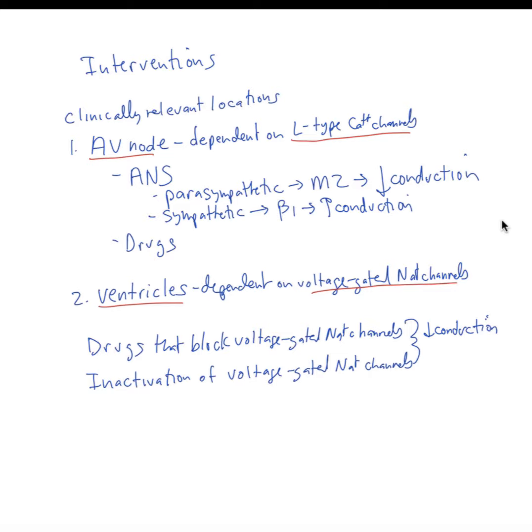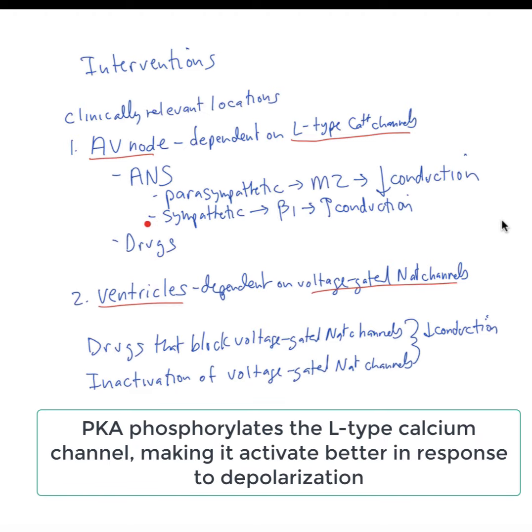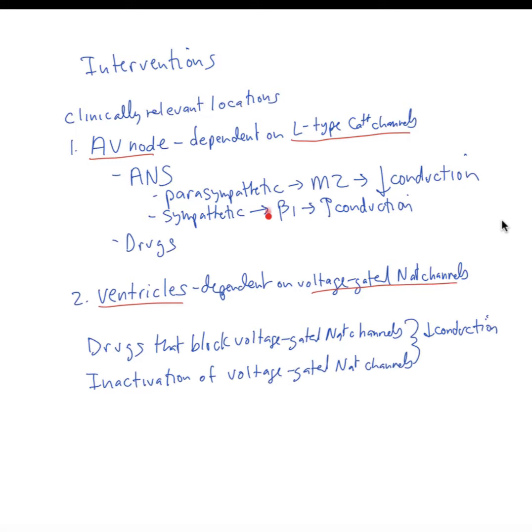They help activate PKA, and that increases conduction velocity. And there's also various drugs, as you could imagine, that can affect muscarinic receptors, beta 1 receptors, L-type calcium channels, either directly or indirectly through other types of drug mechanisms.